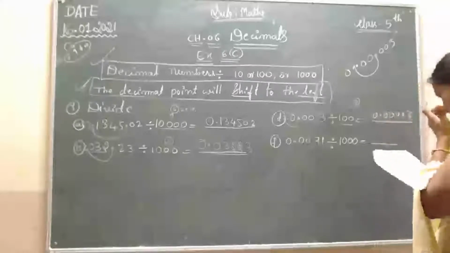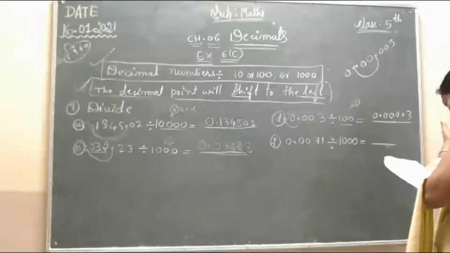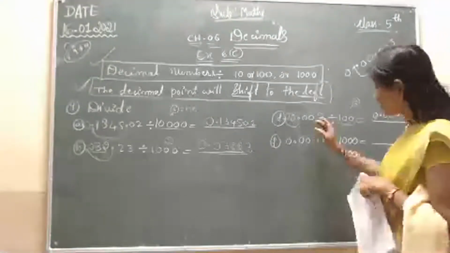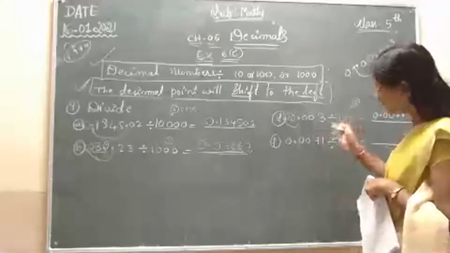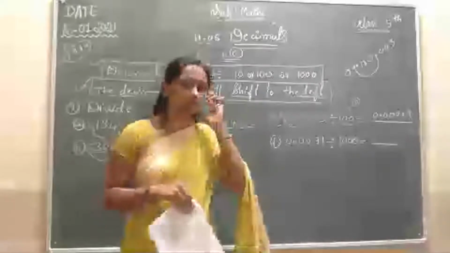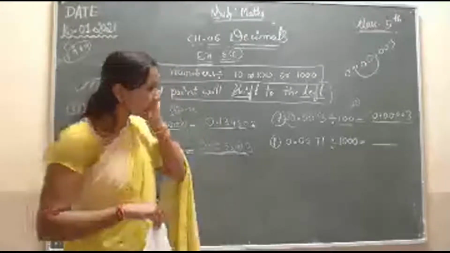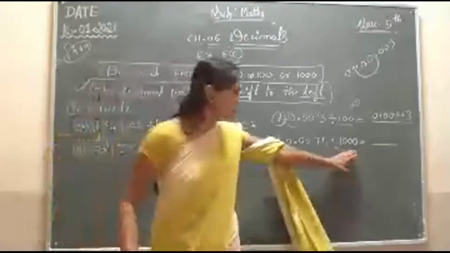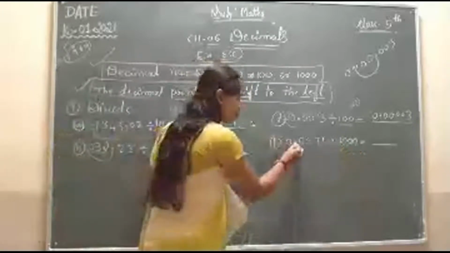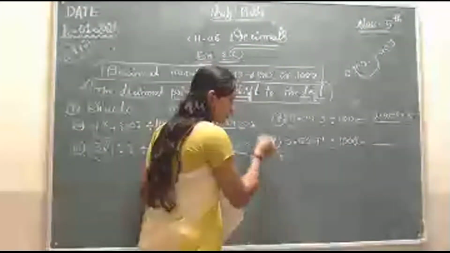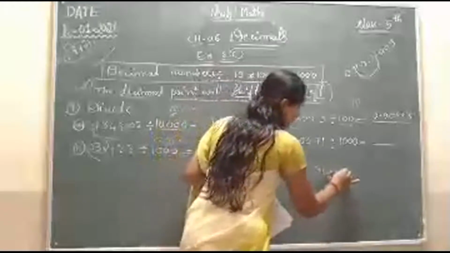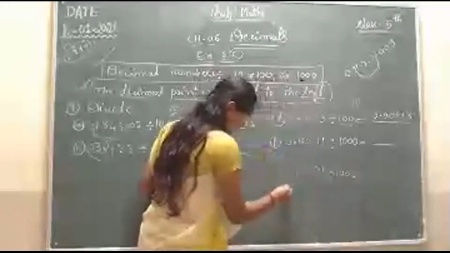Okay, next student. Different numbers are given, but the method is the same. D and F will have the same method. Students, thousands: how many zeros? That is 3 zeros. So you have to shift the point 3 places. Can you see 0.0071 divided by 1000?